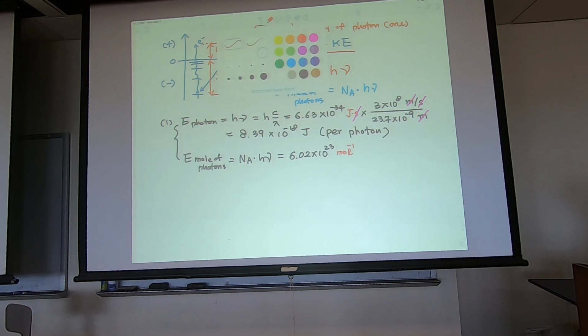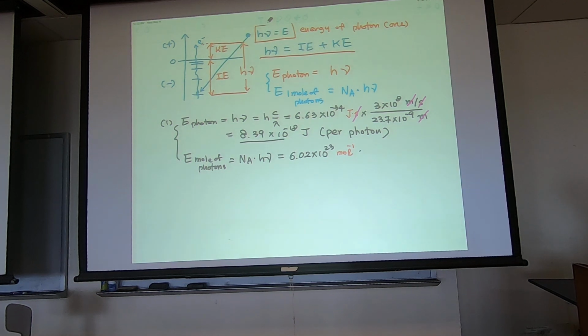And then I use the number shown up here, 8.39 times 10 to the minus 18 joule. If I multiply it together, I will have something like 5.05 times 10 to the 6. And then you will have a unit called joule per mole.